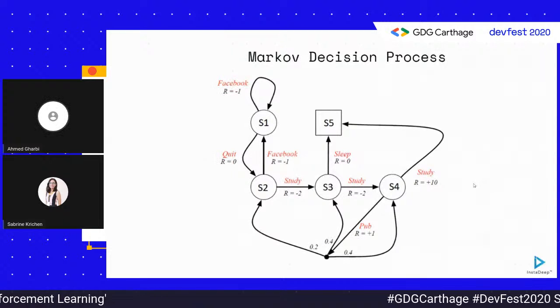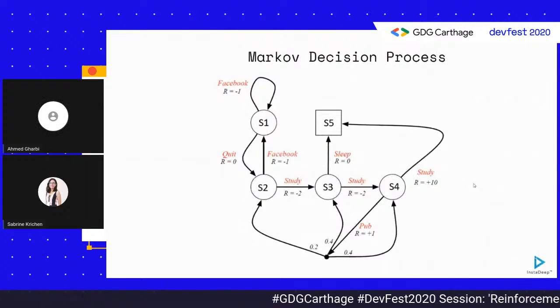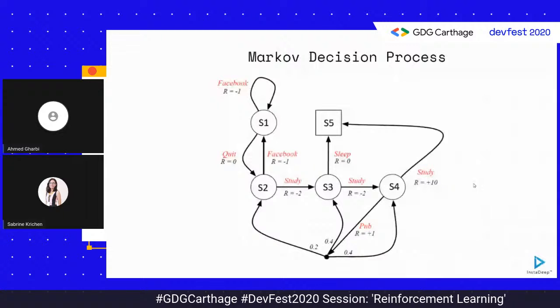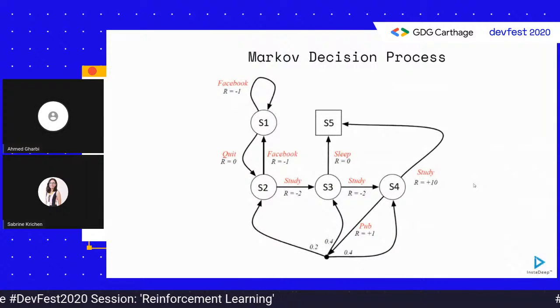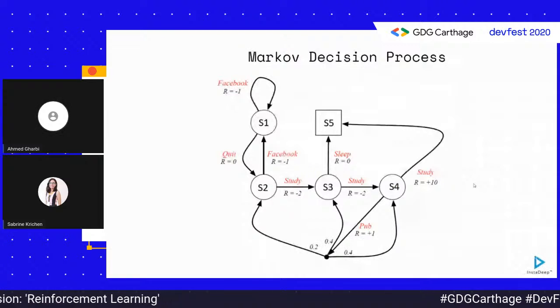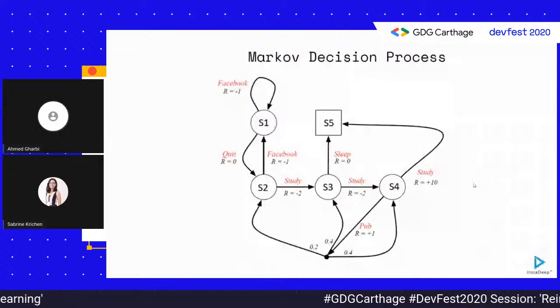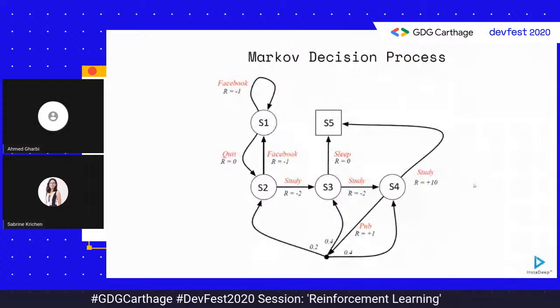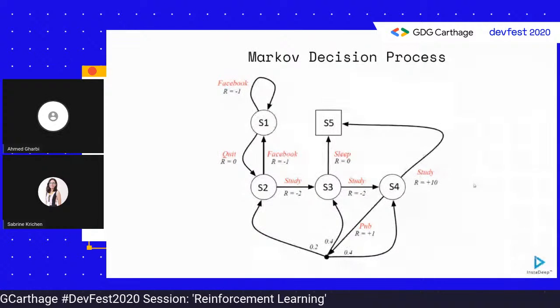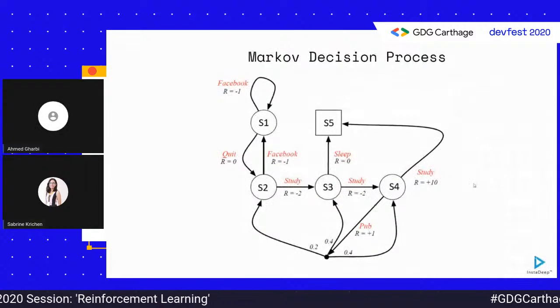The circles represent the different possible states in which a student can find himself. And there is a special state, the rectangular one, S5, which represents a terminal state, which means that we reached the end of the decision process.